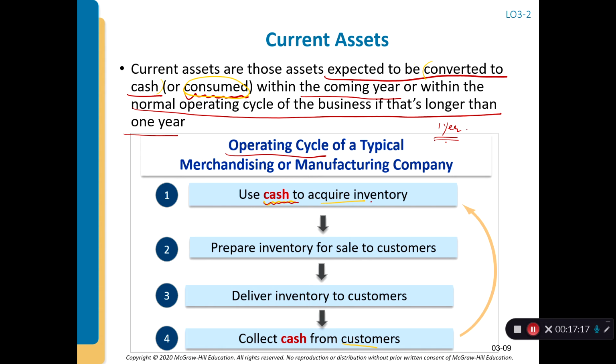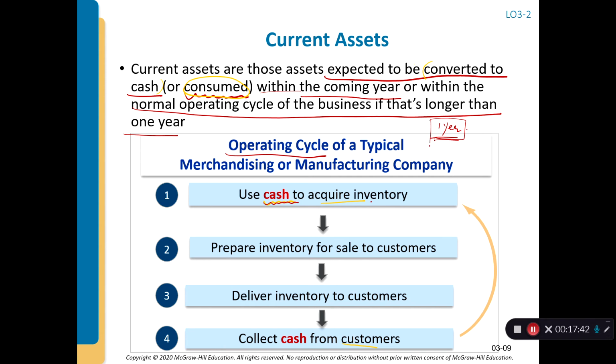Usually we use 1 year to judge whether an asset is a current asset or not. This definition says current assets are those expected to be converted to cash within the next coming year, so 1 year is the threshold here.